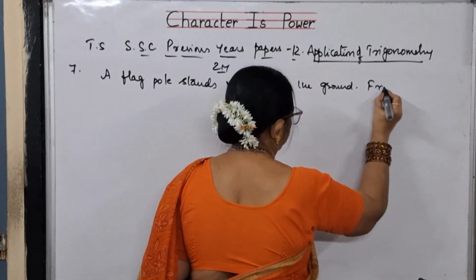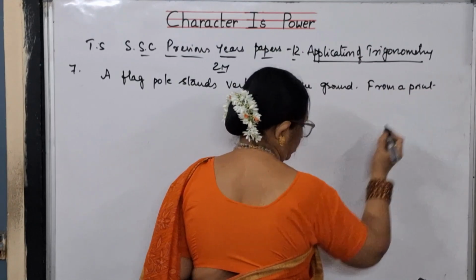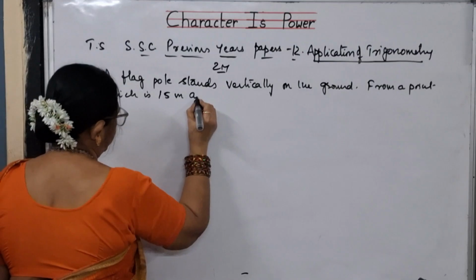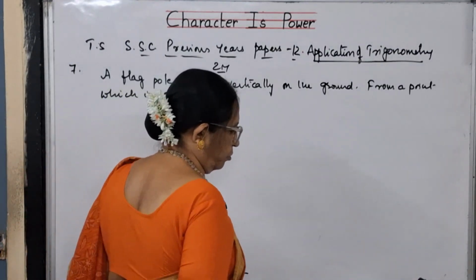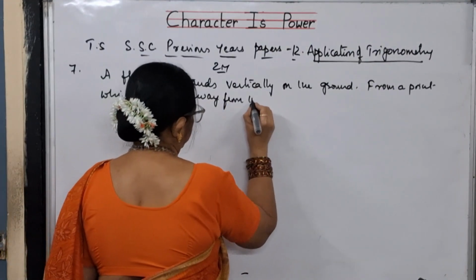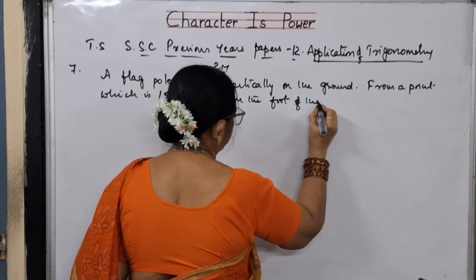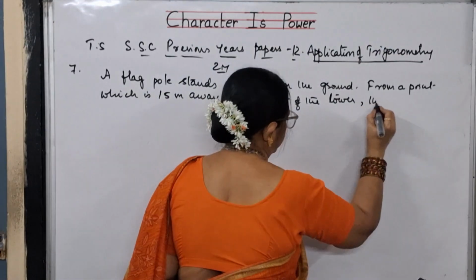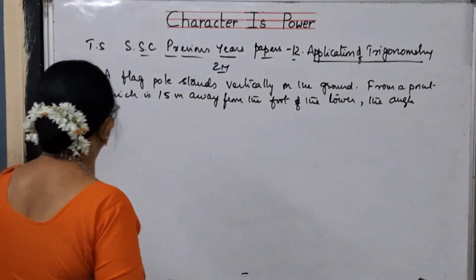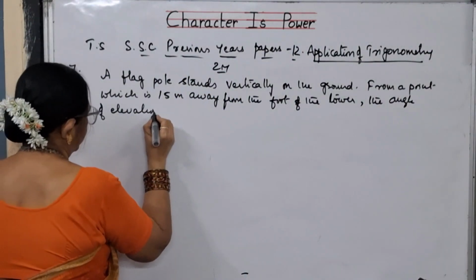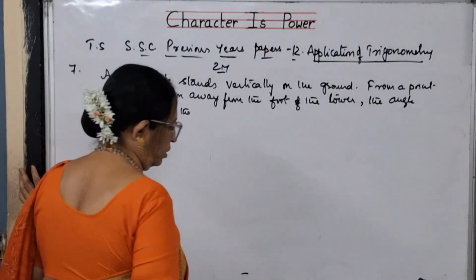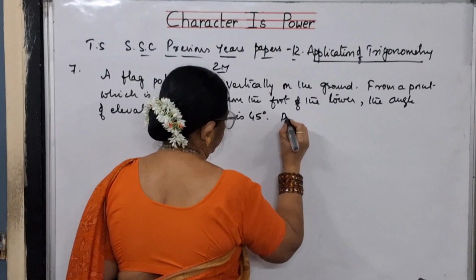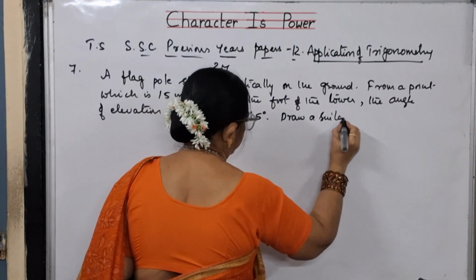From a point which is 15 meters away from the foot of the tower, the angle of elevation of the tower is 45 degrees. Draw a suitable diagram.